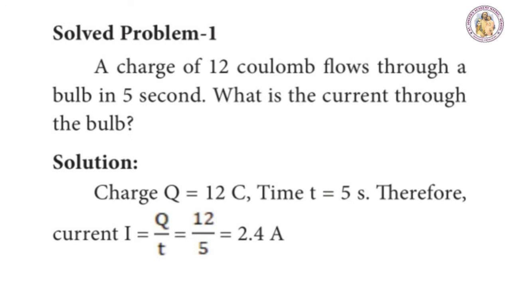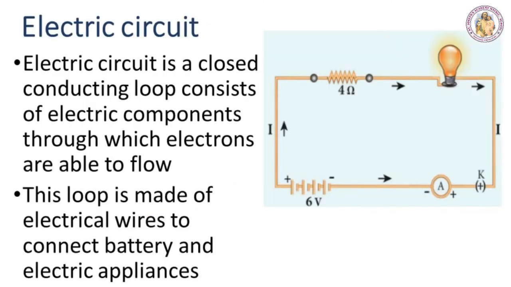Ampere is the unit of current. So I equals 2.4 ampere. So what is the current through the bulb? 2.4 ampere is the current that passes through the bulb. Next topic we are going to see is the electric circuit.